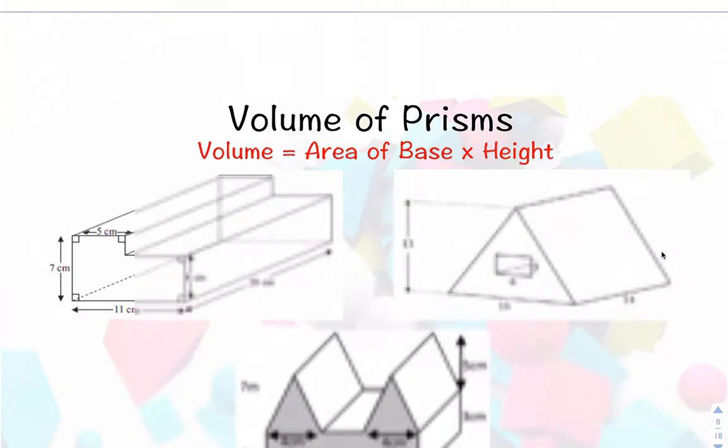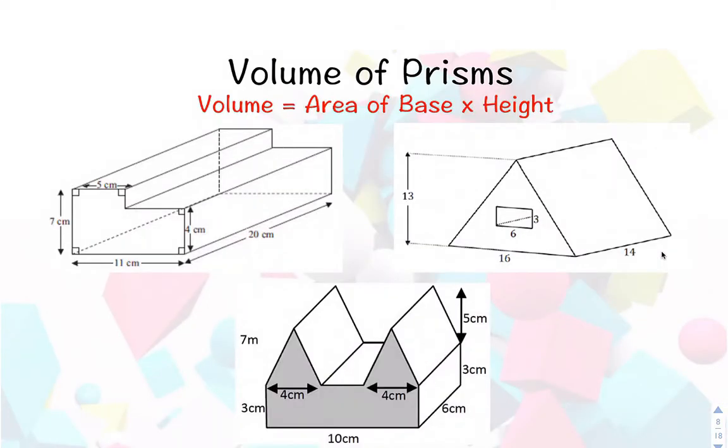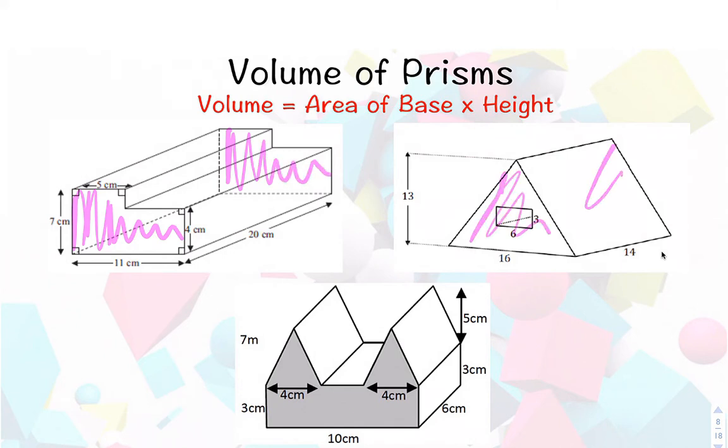Okay? I could even apply that to these guys, because if you notice, these are all prisms. The front of the shape is the same as the back, right? They're parallel to each other. So those are prisms. So to find the volume here, I would just find the area of this front piece, and then I would multiply by that guy. Or I could find the area here, right?